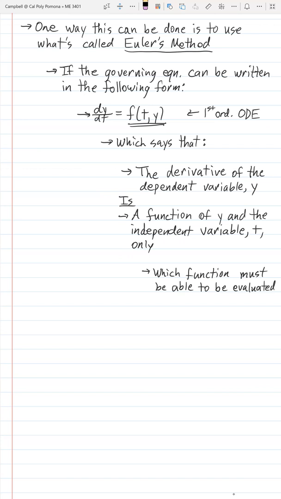So that function must be able to be evaluated clearly at specific values of y and t in order to make this work.